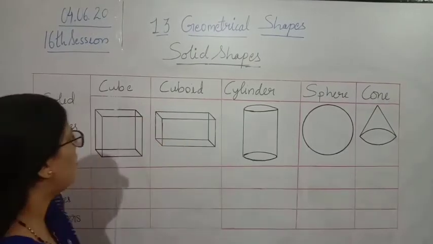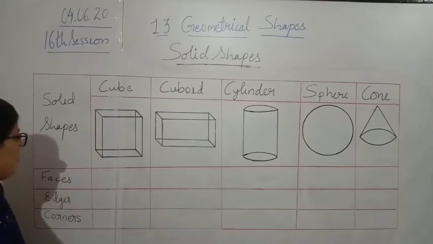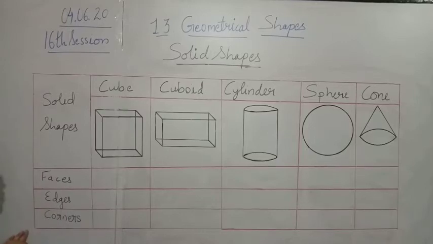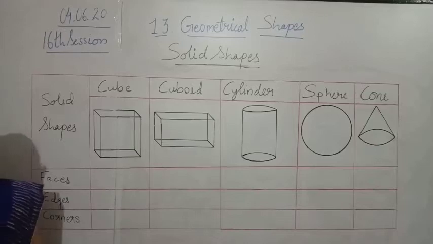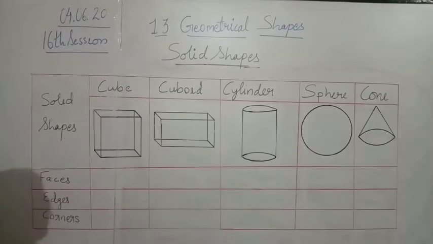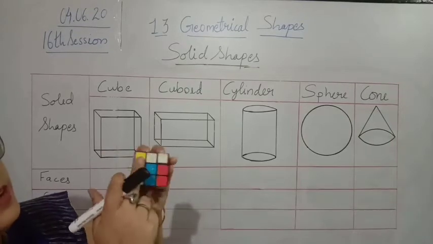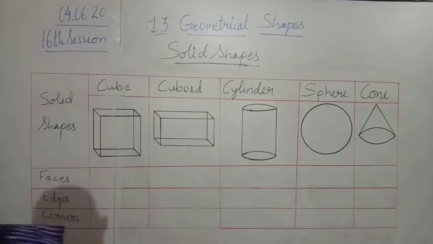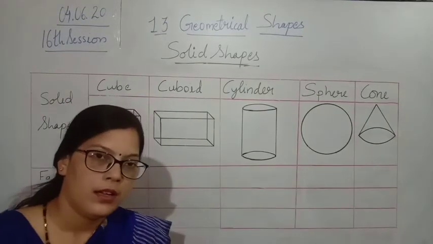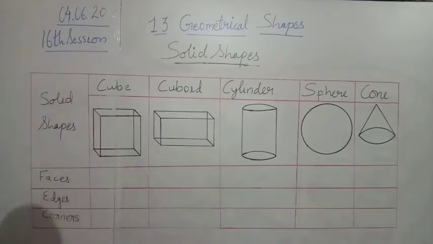I have drawn all shapes together, and now let us see how many faces, edges and corners are there in each shape. First of all, what is face? The surface of the solid shape. Surface of the shape is the face. A face may be curved or it may be flat.